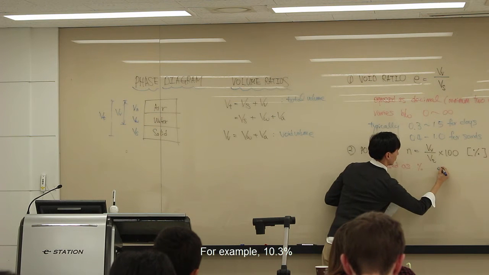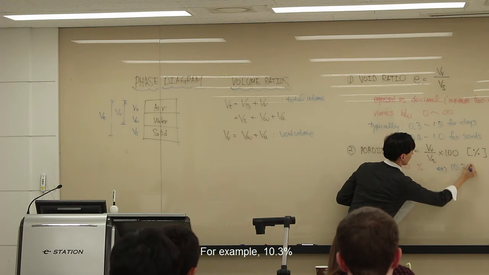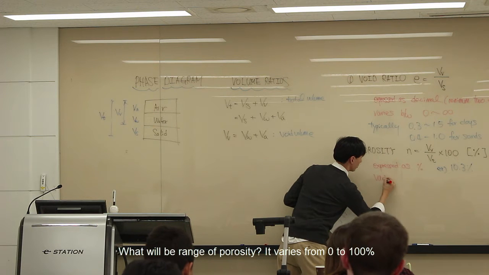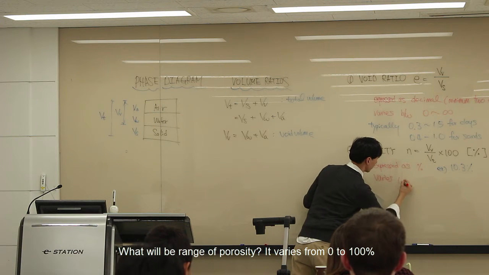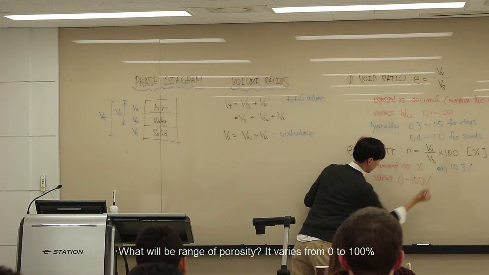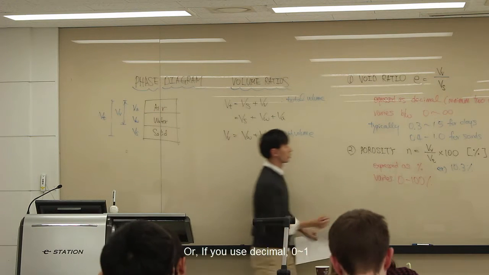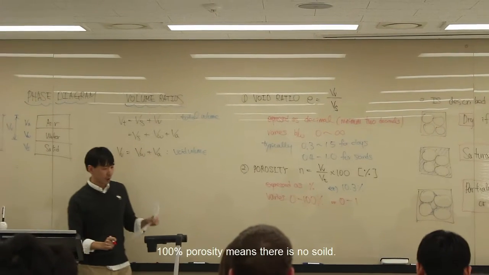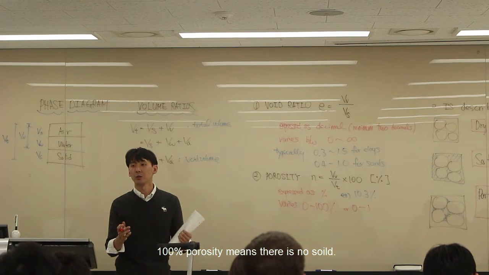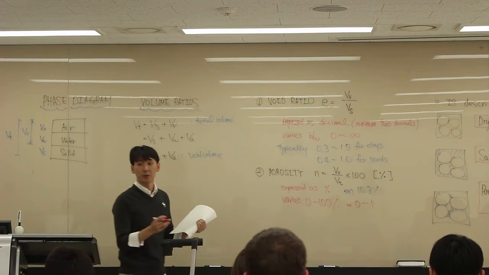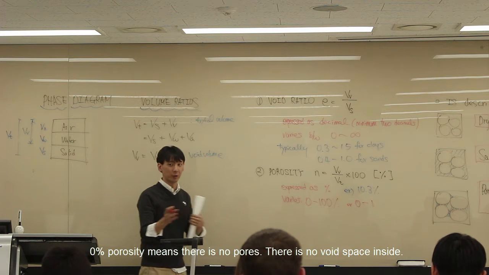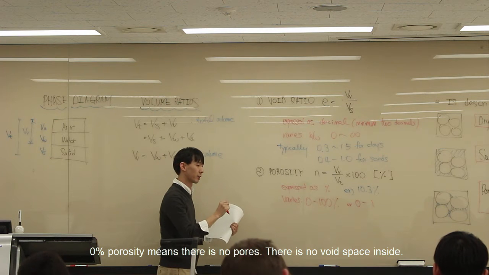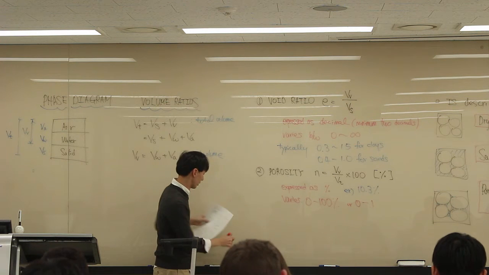So for example, 10.3%. What will be the range of the porosity? It varies from 0 to 100%. Or if you use the decimal, 0 to 1. 100% porosity means there's no solid. Right? 0% porosity means there's no pores. It means solid like a plastic material. It doesn't have any void space inside.